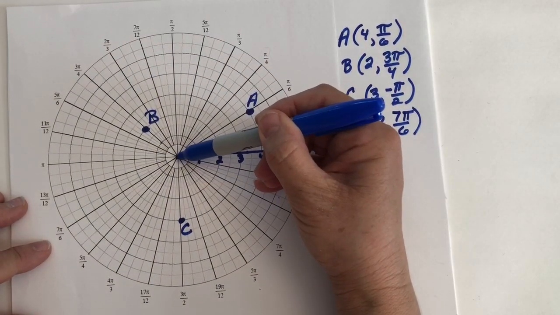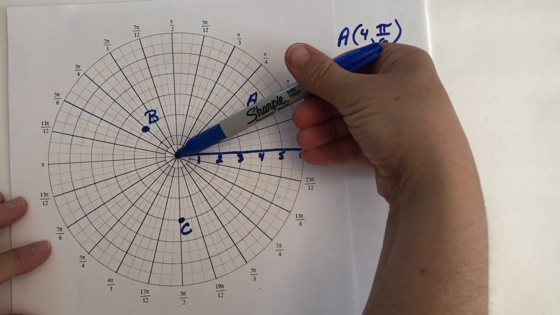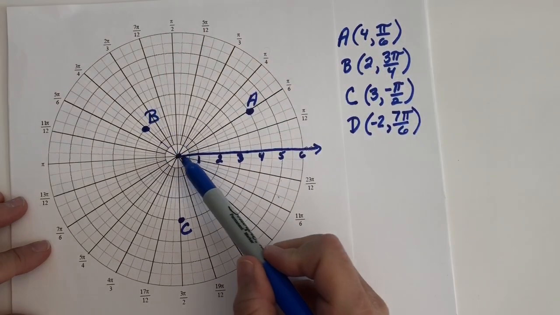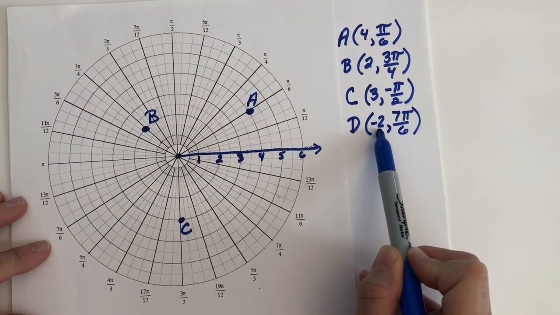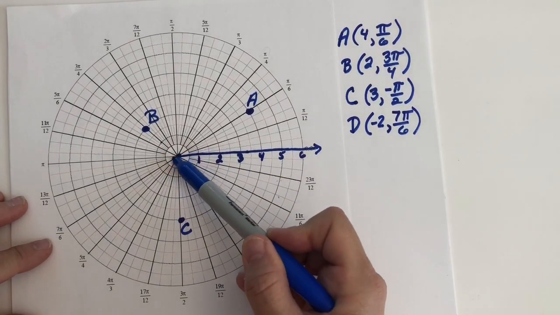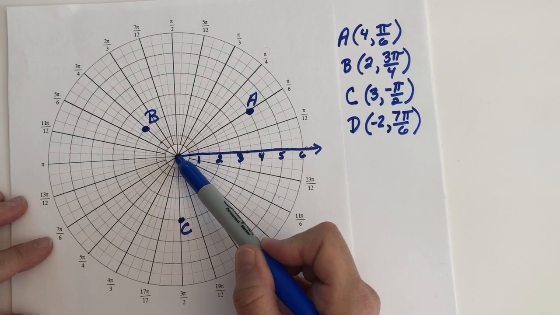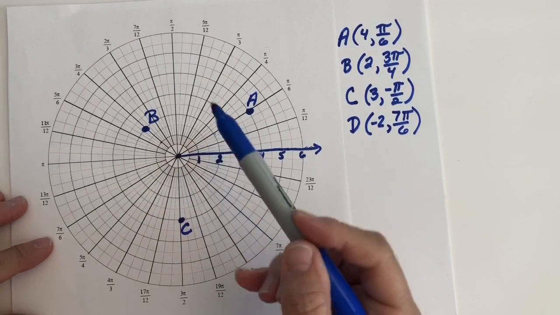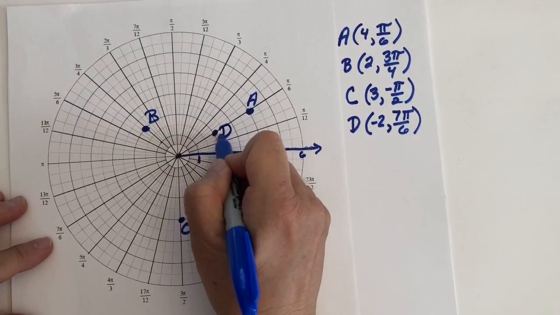So if I'm standing right here at the pole, looking at 7 pi over 6, the terminal side is here, except this says to go backwards. We go in the opposite direction 2 units. So 7 pi over 6 is here. I'm going to go backwards 2 units. 1, 2, and the point D would be right here.